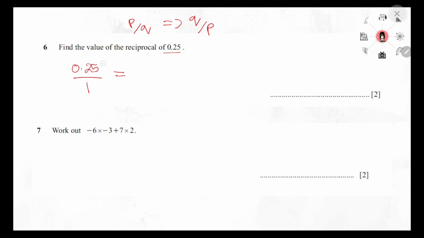We multiply 100 to both the numerator and denominator, giving us 25 by 100. The reciprocal of 25 by 100 will be 100 by 25. And so 100 by 25, as we all know, is 4. Thus 4 is the answer.